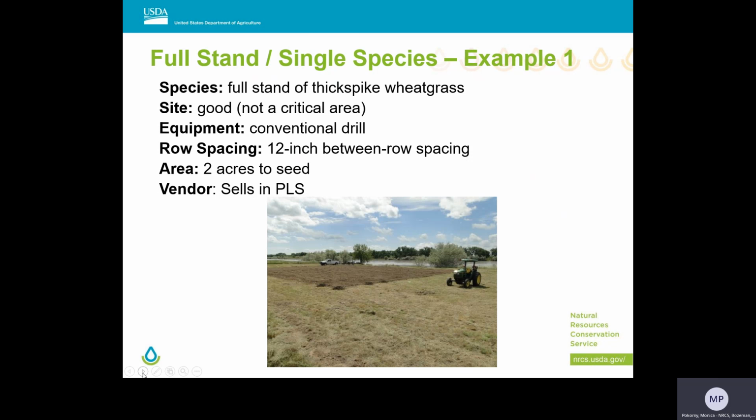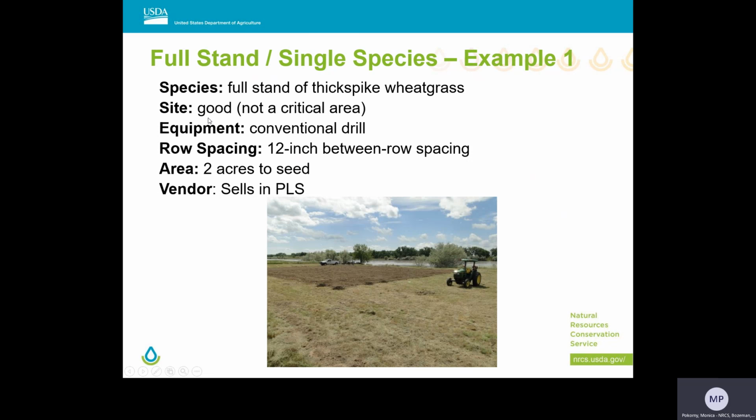Let's say you are developing a project and you've determined that given your site conditions and your conservation objectives, a solid stand of thick spike wheatgrass is ideal for the planting. You know you're going to drill seed it using a conventional drill.